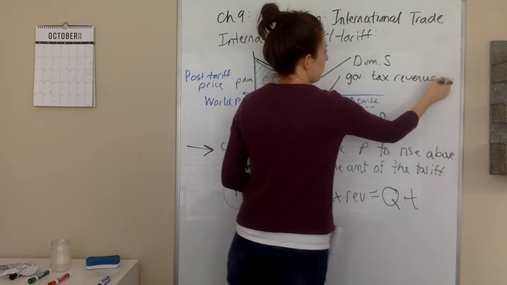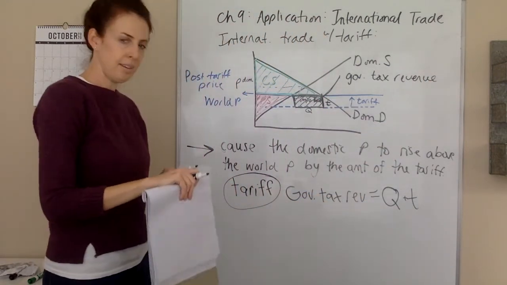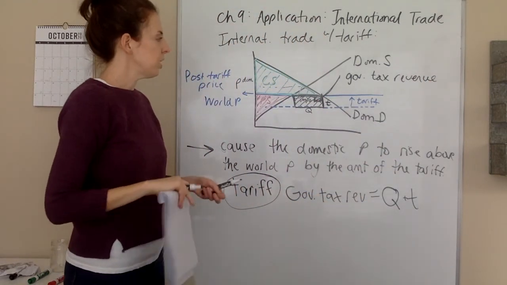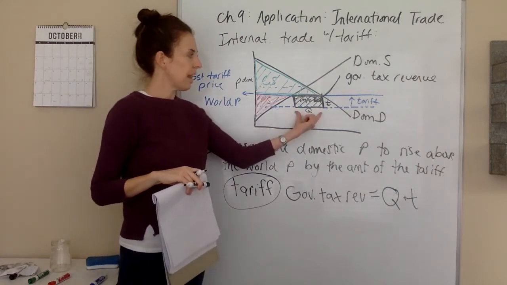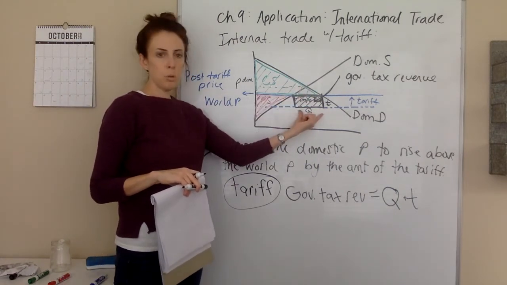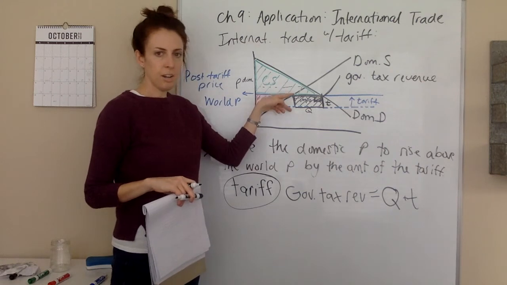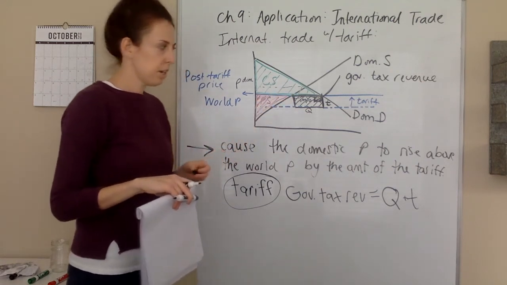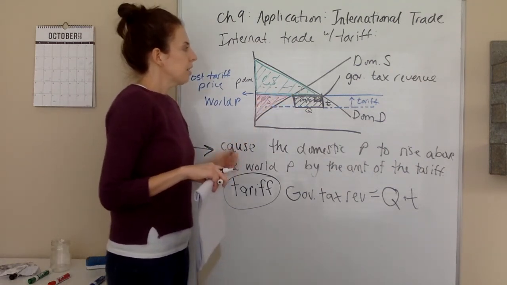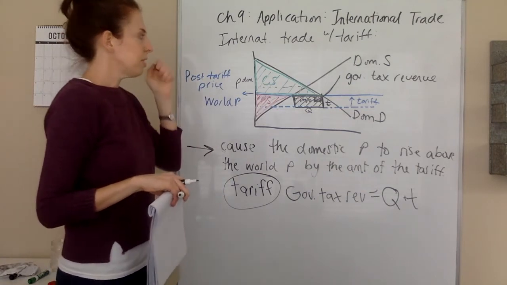So again, if you have to calculate this on an exam, hint, what you would do is figure out the number of units that are imported after the price rises. You would multiply that by the amount of the tariff, and that would give you the government tax revenue under a tariff.